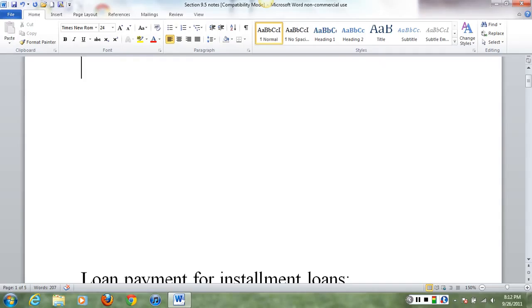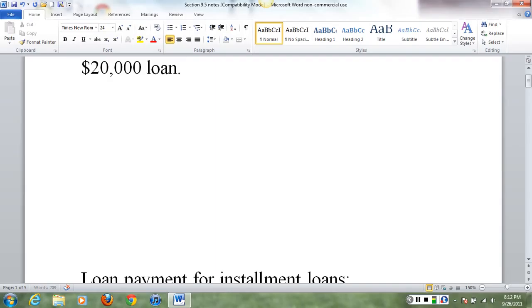Let's say you have a $20,000 loan, and we'll go over how that's figured out, but after figuring out the monthly payments, let's say that it's for a car.